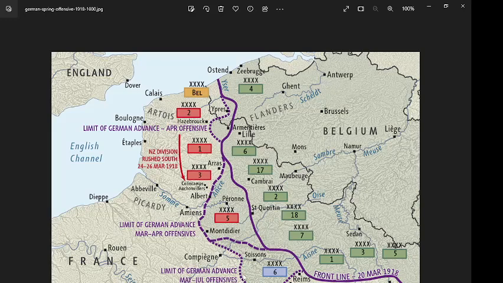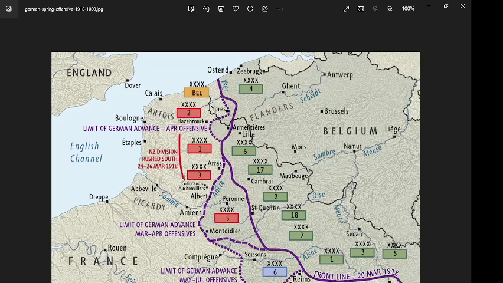Then later in July, the Germans launched what would be their last offensive, which is called the Friedensturm, which basically means the peace assault, which doesn't translate super well to English. They basically launch it in this area here between Reims and Verdun.